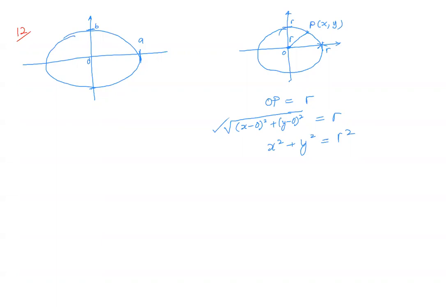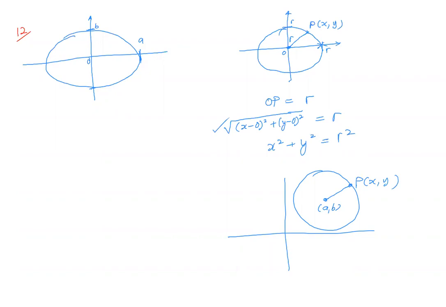So if my circle is somewhere else, and the center of the circle is (a, b), I want to find the equation of this circle. So you also use the distance equal to R, the radius.